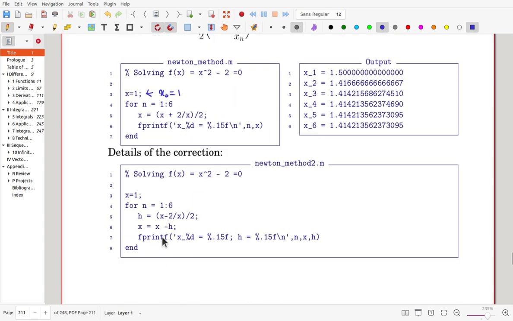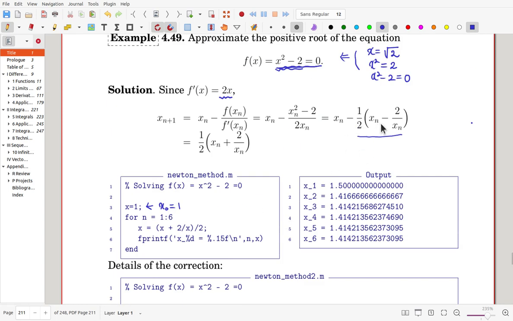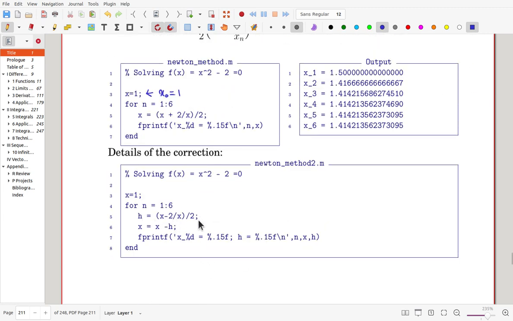Now h is x minus 2 over x, divided by 2. That is exactly the correction term, and the term is subtracted to get the new value.